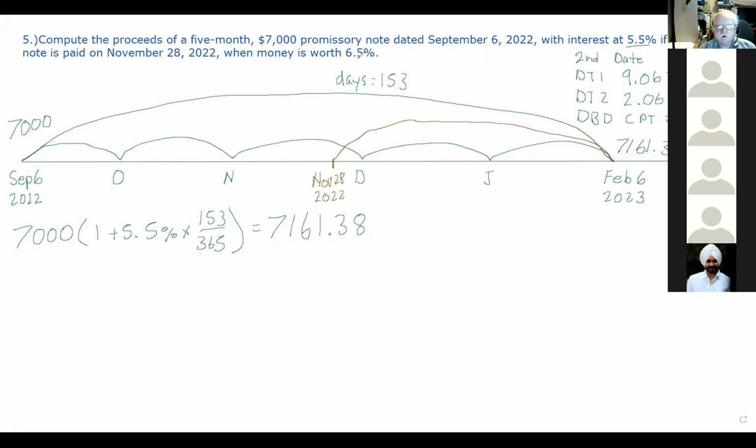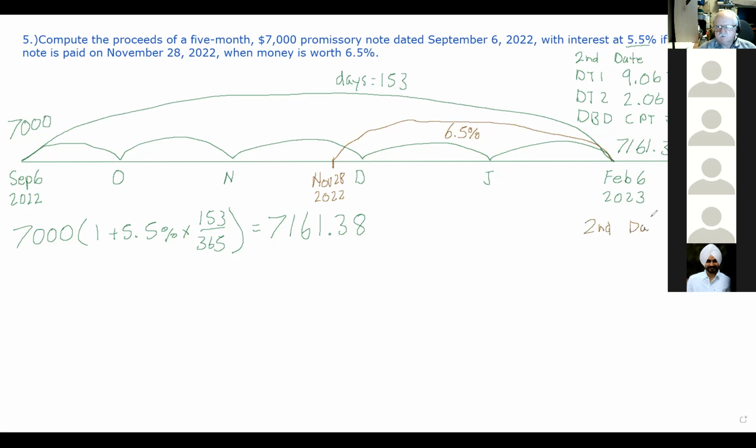And they are hoping to get 6.5% on their investment. So they have to figure out what they're willing to pay for this piece of paper. The first thing they have to figure out is how many days this is.